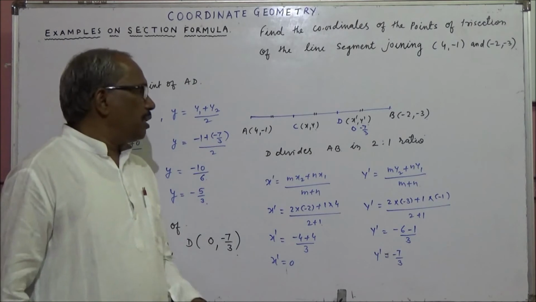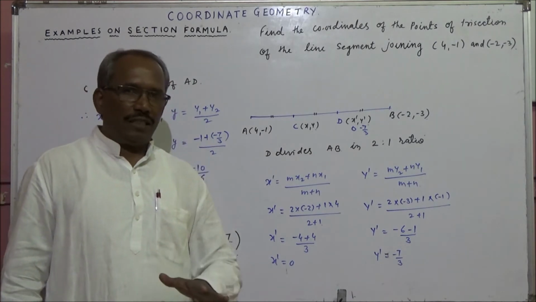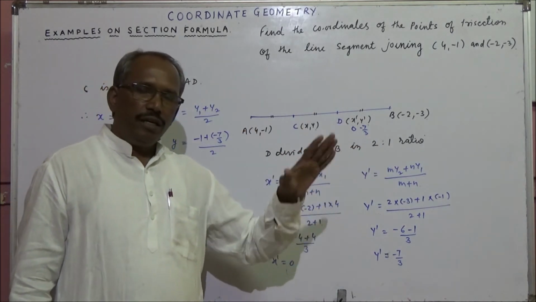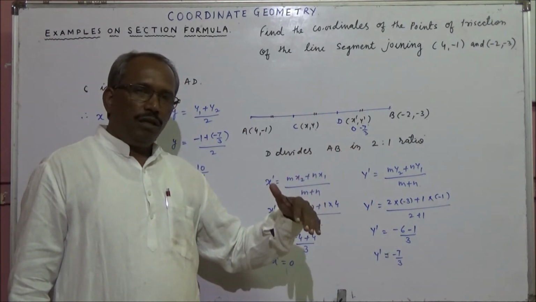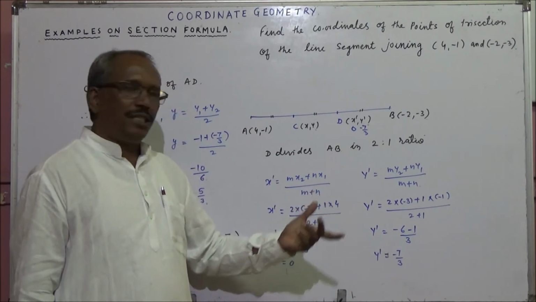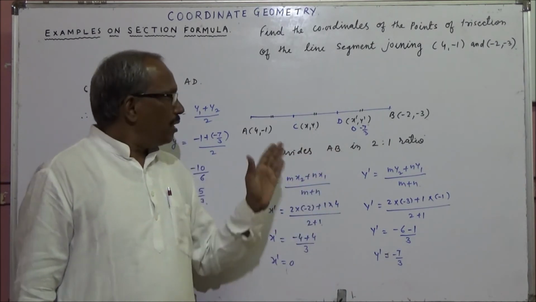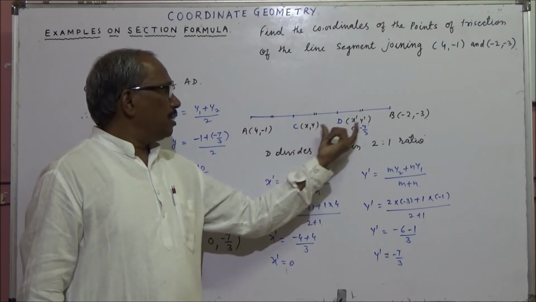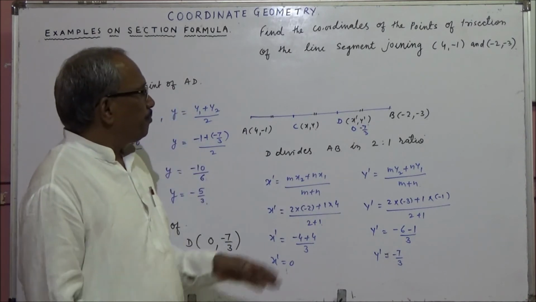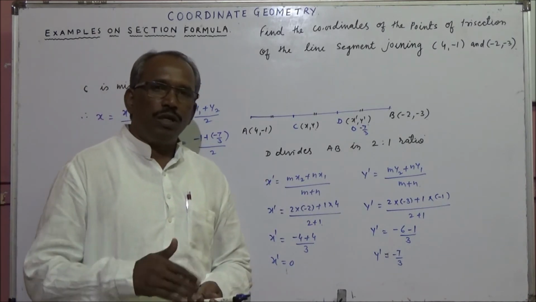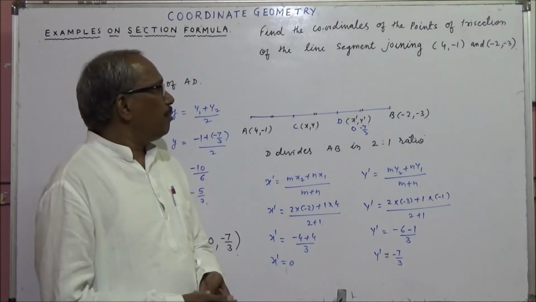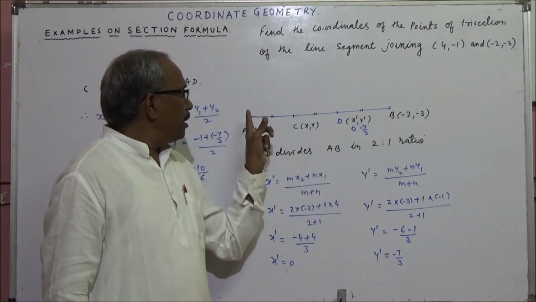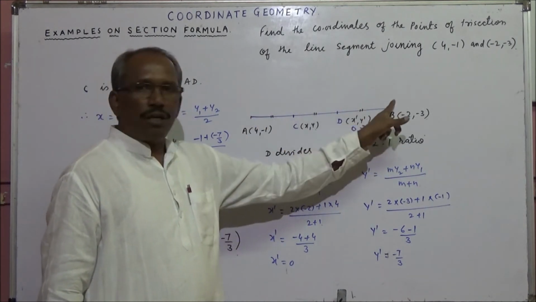So what is the key point here? We should know trisection. So C and D divide AB, it makes trisection. It makes trisection means these 2 points make 3 equal parts of AB. So ये 3 सेगमेंट्स इक्वल हो जाएंगे. तो सेगमेंट्स अगर इक्वल होते हैं तो उनका रेशो हमें कैसे लिखना है ये मालूम होना चाहिए. जैसे D divides AB in 2:1 ratio.